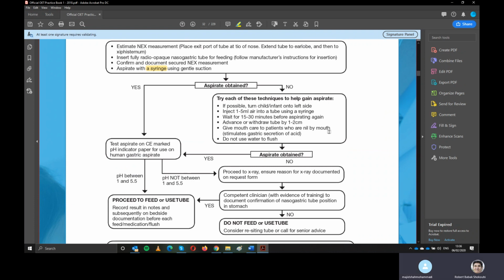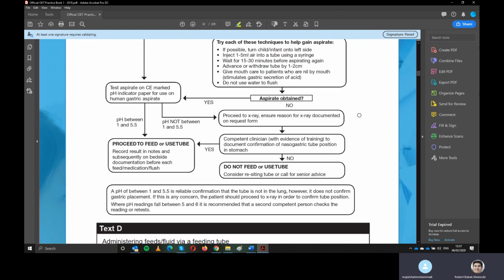What else was there? The pH. There was a pH of 5.5.